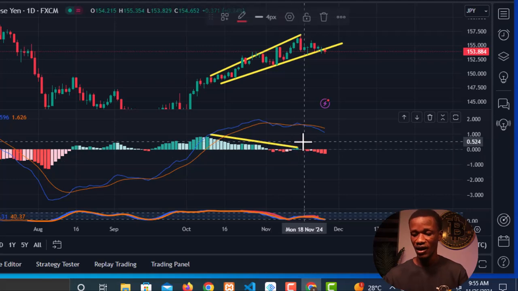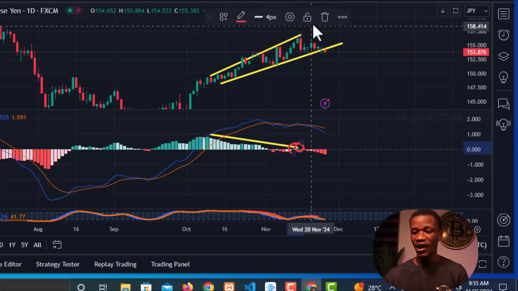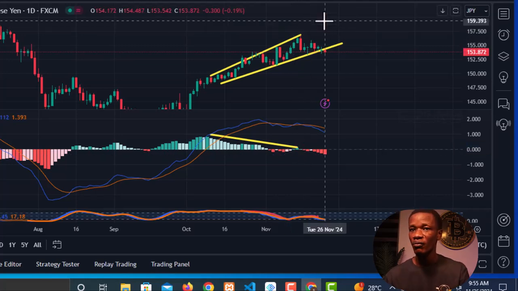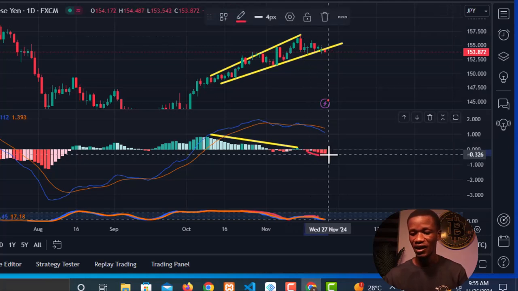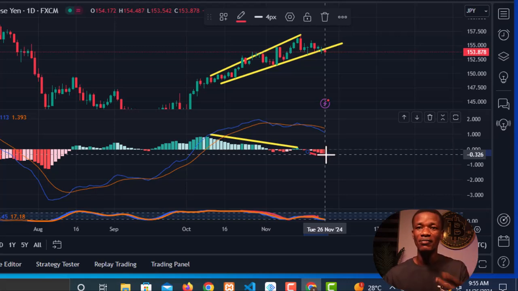Look at it here. The market formed on the positive side, which created a divergence at this point, and then began the confirmation again on the negative side, which is what we are seeing right here. It is a sign that bearish momentum is going to come into the market very soon or immediately.